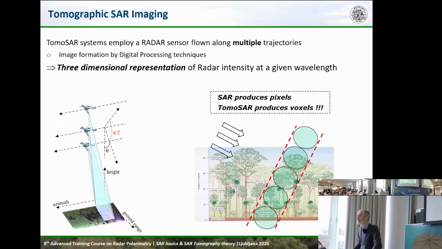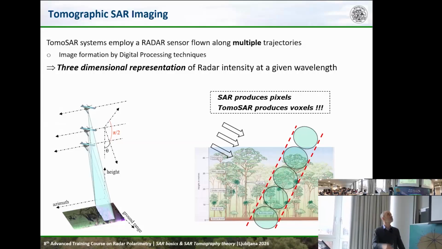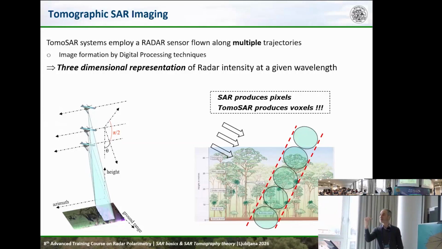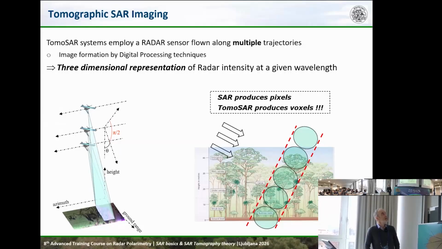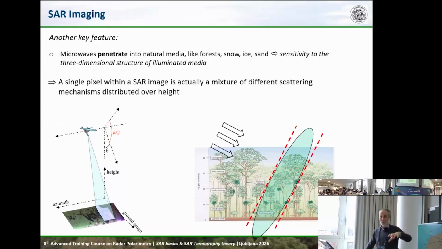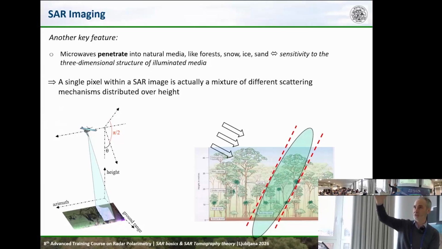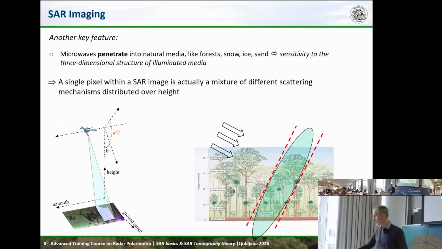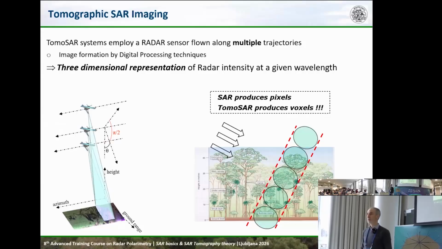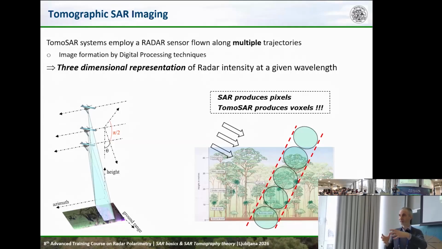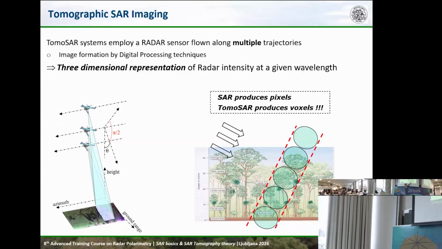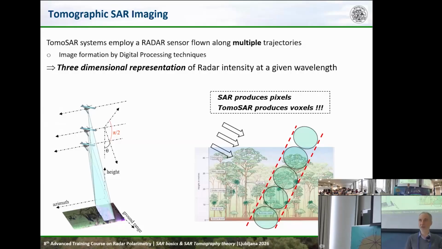And so what does SAR tomography do? Well, basically, it is based on repeating the same orbit many times from different positions. And in this way, we can pass from a 1D representation, where we know that each pixel contains the sum of all the contributions distributed over height, to a 3D representation, because we are able to focus this signal on the ground, on the mid canopy, on the top of the canopy, and so on.